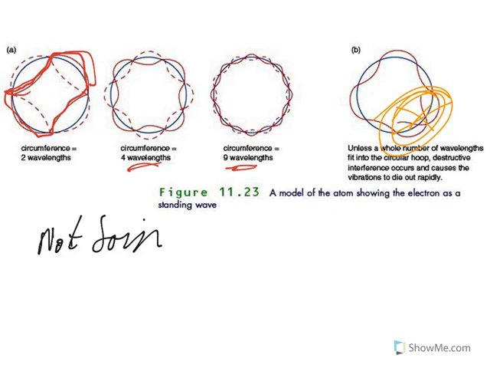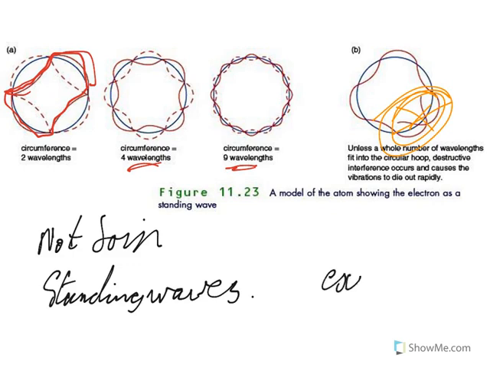Only orbits corresponding to standing waves will survive. So stable orbits of a hydrogen atom are those where the circumference is exactly equal to a whole number of wavelengths.